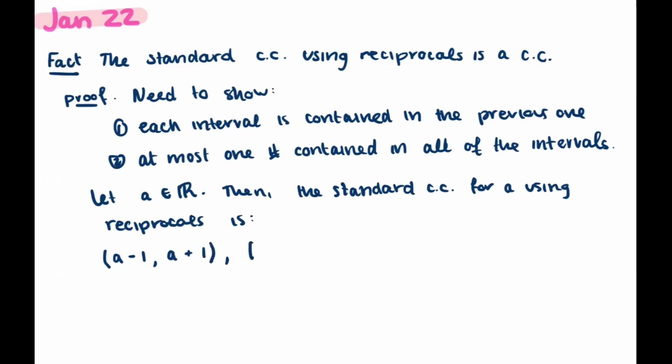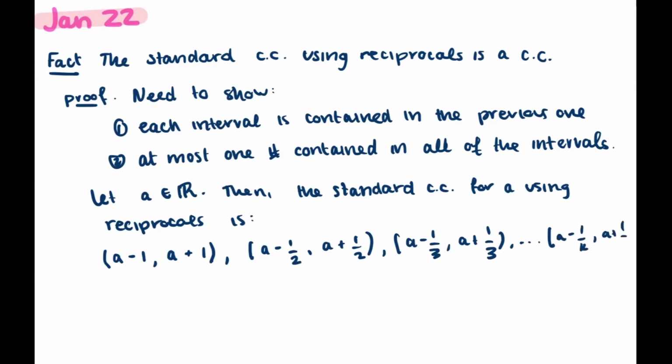Then as we go on, we subtract 1/2 and add 1/2. For the next one, we do 1/3, and so on. The kth one in the list will be a minus 1 over k, comma, a plus 1 over k. And that continues. So that's our standard collapsing collection using reciprocals.